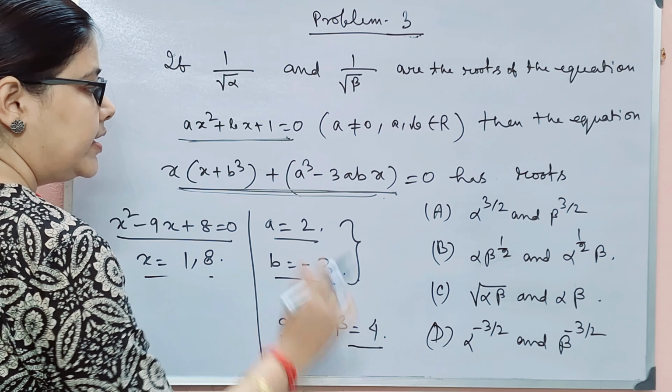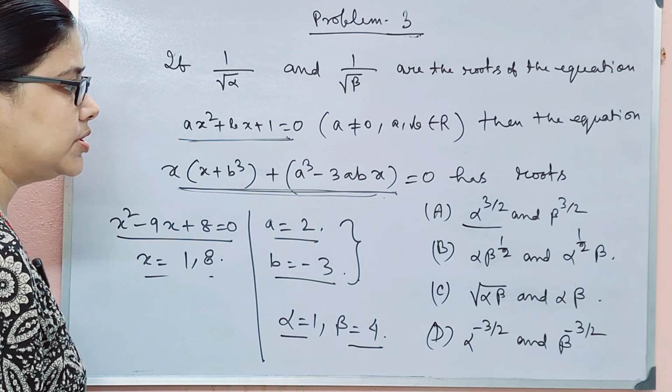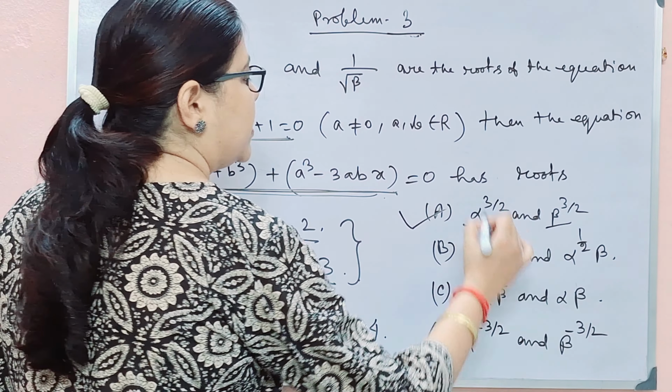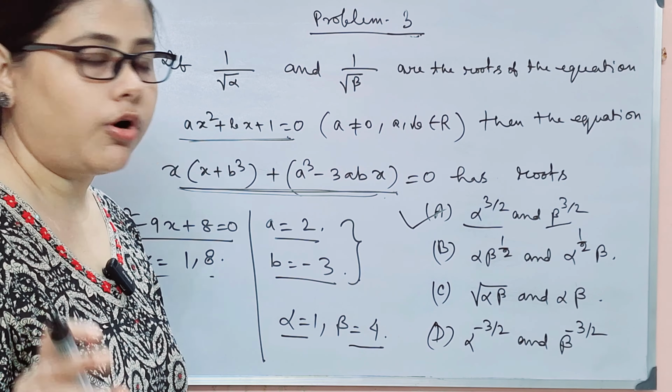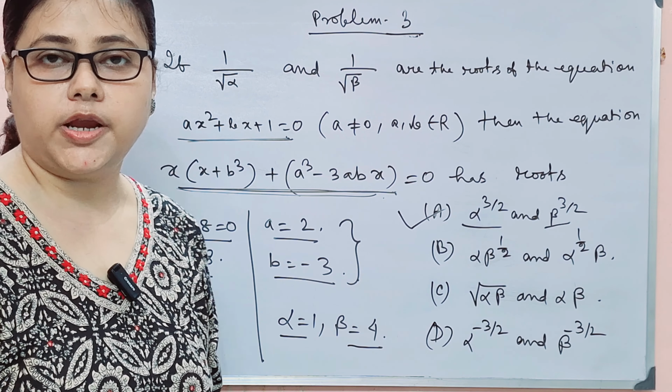So ultimately the roots will be alpha to the power 3 by 2 and beta to the power 3 by 2. So A is the correct option. Do it in your copy and please let me know if there is any problem through your comment.